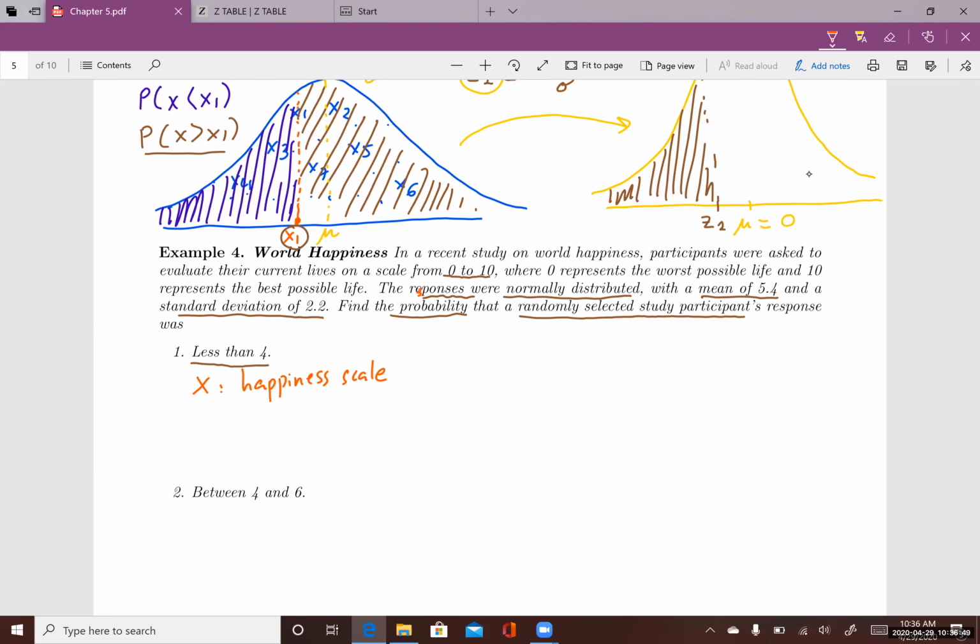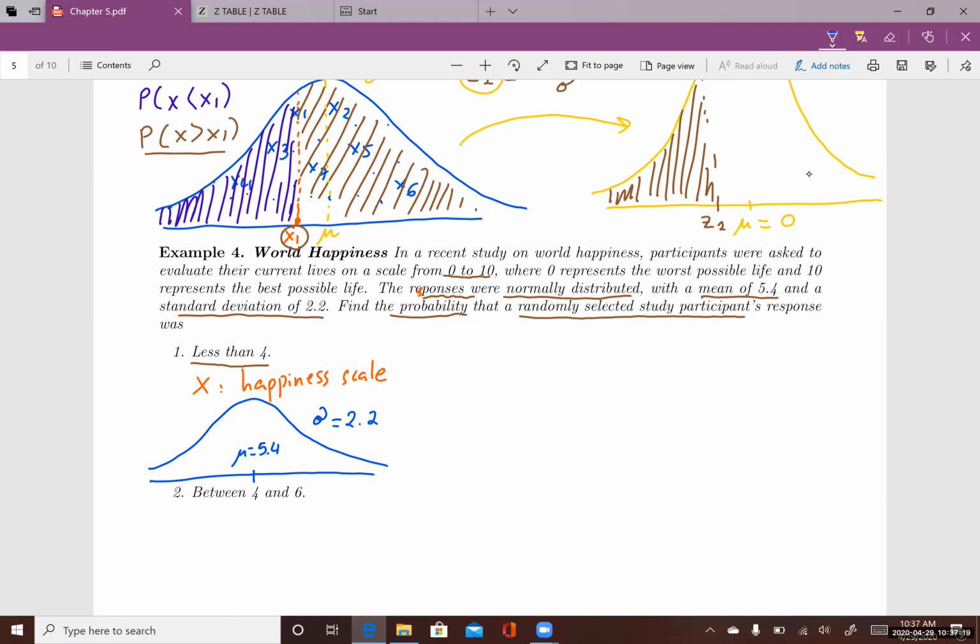And we know the responses were normally distributed. That means we can use the bell-shaped curve to illustrate the distribution of the random responses. And in these responses, we found that the mean is 5.4 and the standard deviation is 2.2.